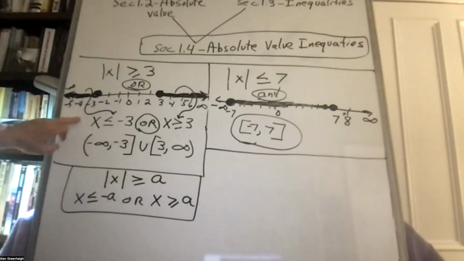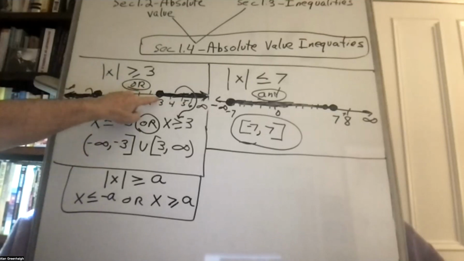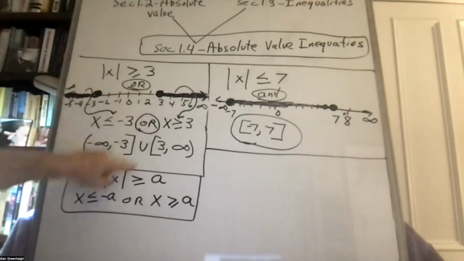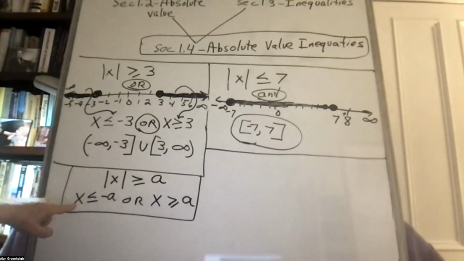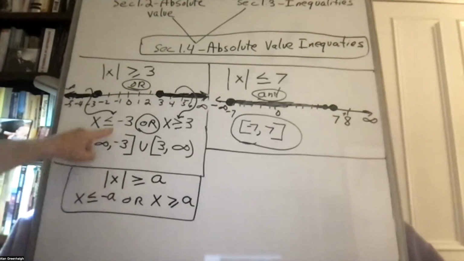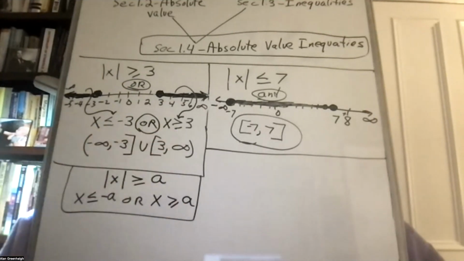There it is right there. For example, x is less than or equal to -3 or greater than or equal to 3. If it's a, or any value, it could be 4 or 5 or 6, then x is less than or equal to -a, or greater than or equal to +a.